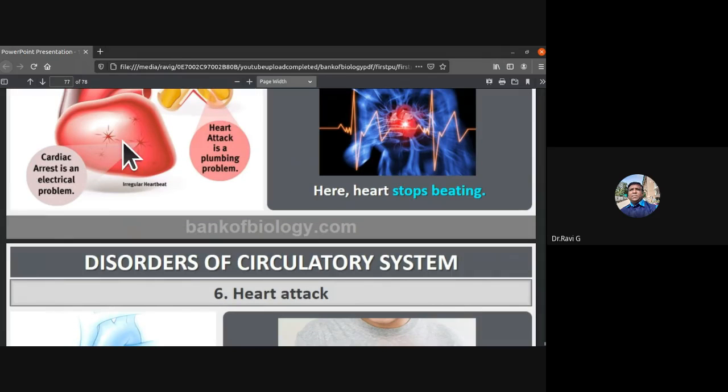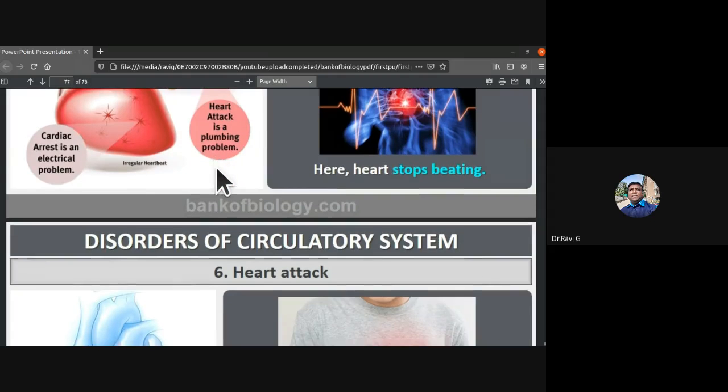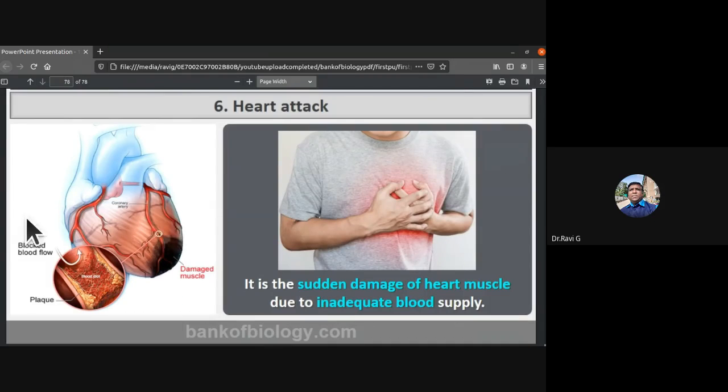Whenever there is no conduction of impulses, or the impulses fall below normal, that leads to cardiac arrest.